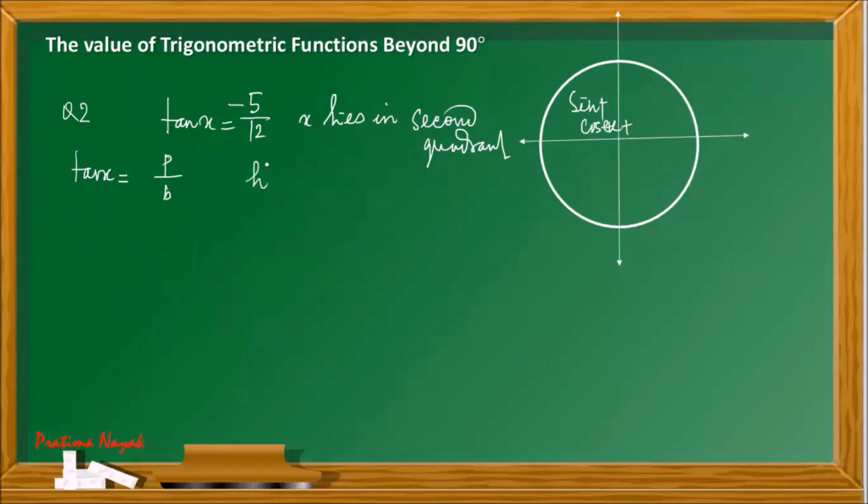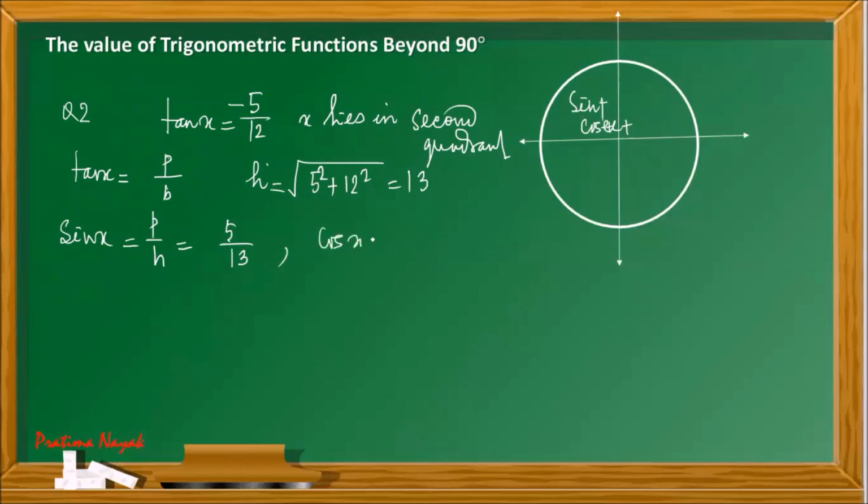So find h is equal to under root 5 square plus 12 square. You know that is 13. Now writing sin x. Sin x is equal to p by h, so this will be 5 by 13. And it is the second quadrant, here sine is positive, so no need of putting a negative. Then cos x is equal to b by h, so it will be 12 by 13.